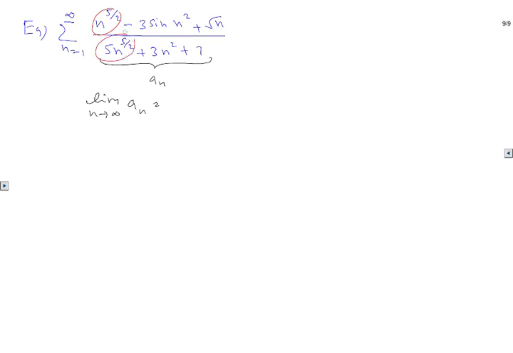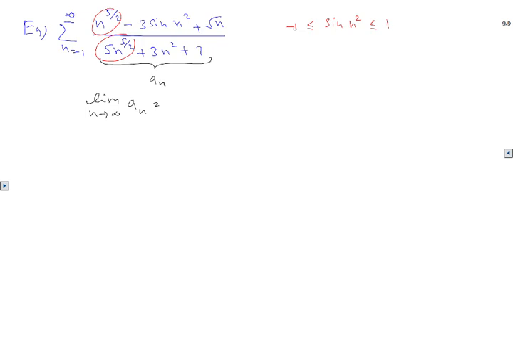I need to say something about sine. We know that sine is always between 1 and negative 1, so the absolute value of that term can be at most 3. So when n goes to infinity, you can ignore that.